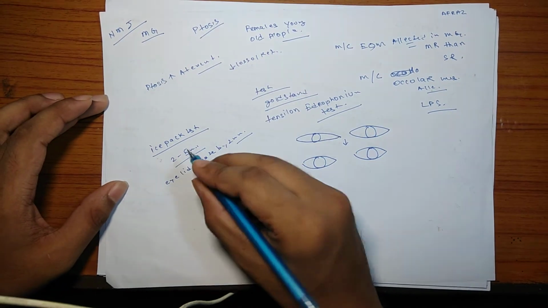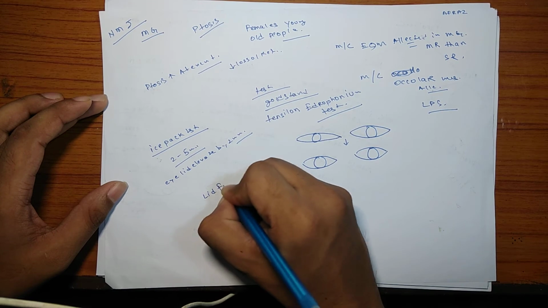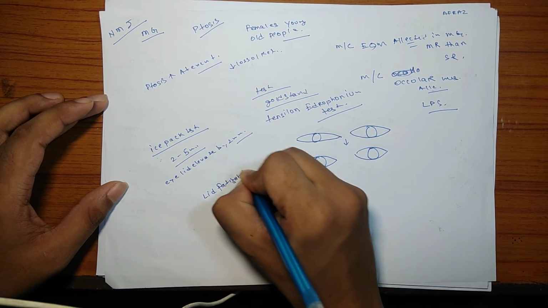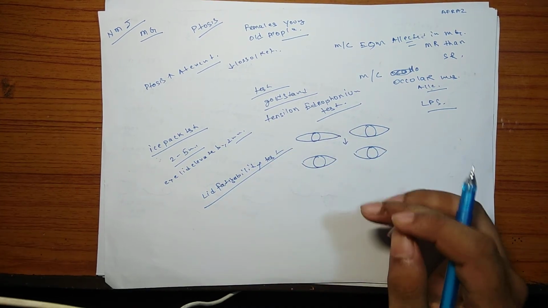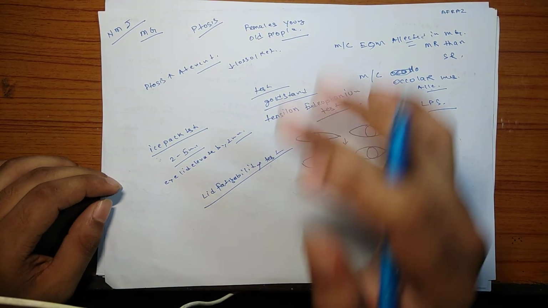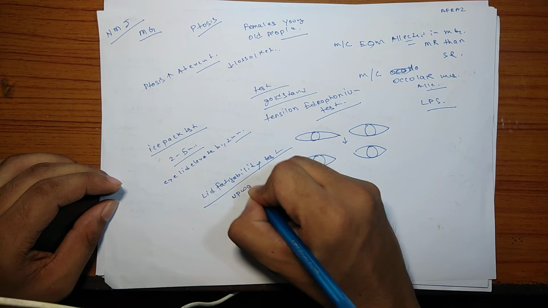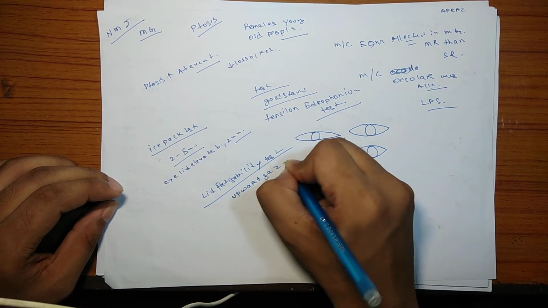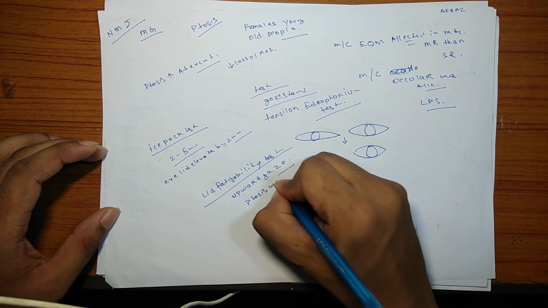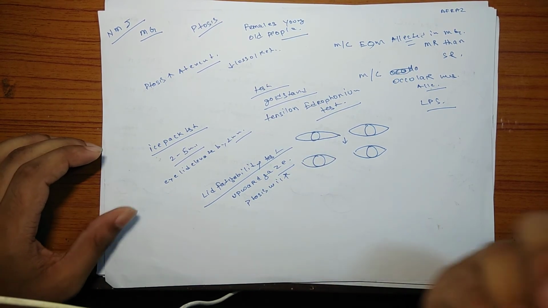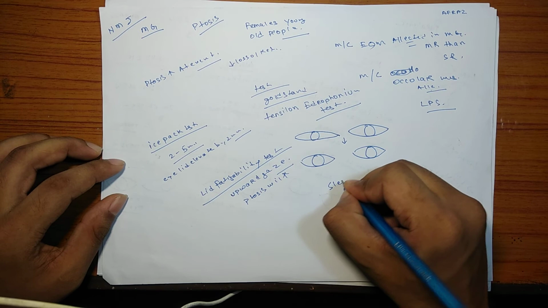We have another test known as the lid fatigability test. We tell the person to look in upward gaze, and the ptosis will increase. Along with this we have the sleep test.